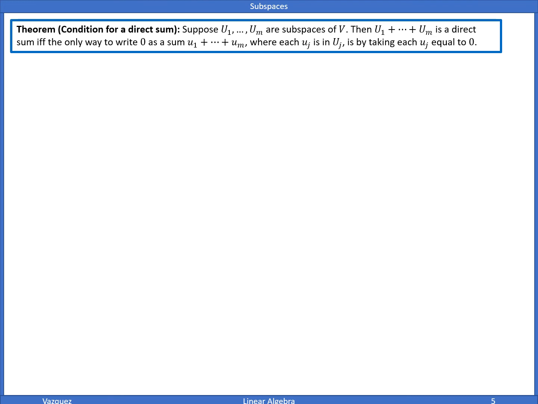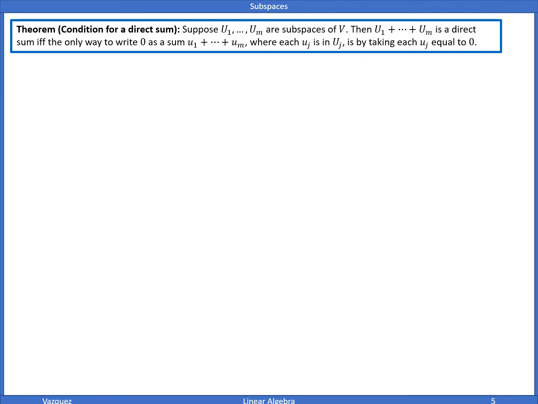It requires that every vector in the sum has a unique representation as an appropriate sum, right? And this theorem that already popped up shows that when deciding whether a sum of subspaces is a direct sum, we really only need to consider whether 0 can be uniquely written as an appropriate sum.